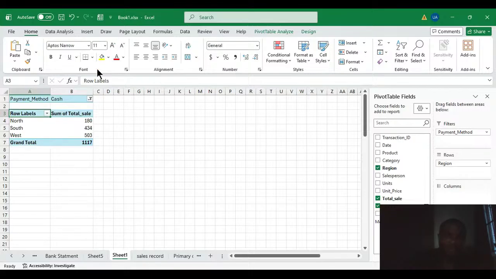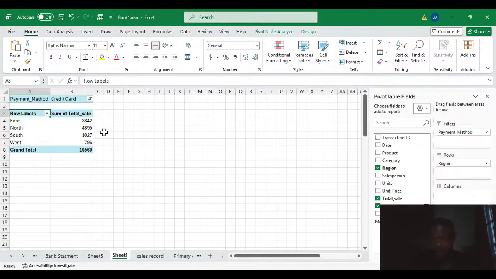Now let's look at other sales. I want to see credit card because credit card is used more. I want to know which region uses credit card the most. So I'll click on this. Now over here, I can see that the northern region has the highest number of credit card uses.